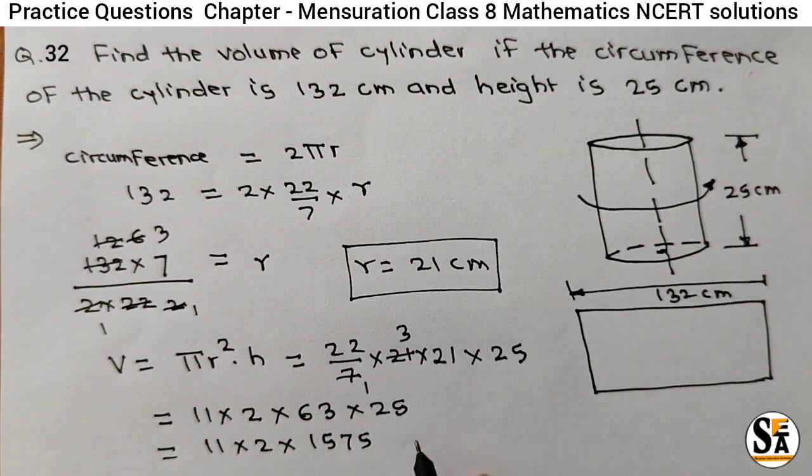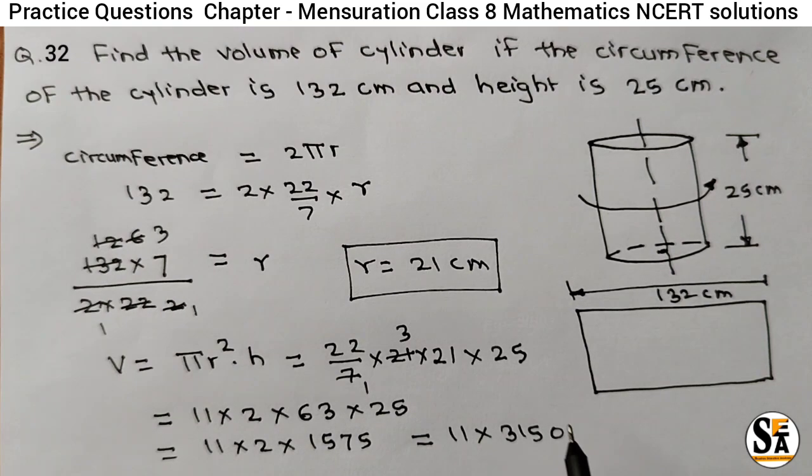And in the next step, multiply this 2 and 1575, we will get 11 into 3150.